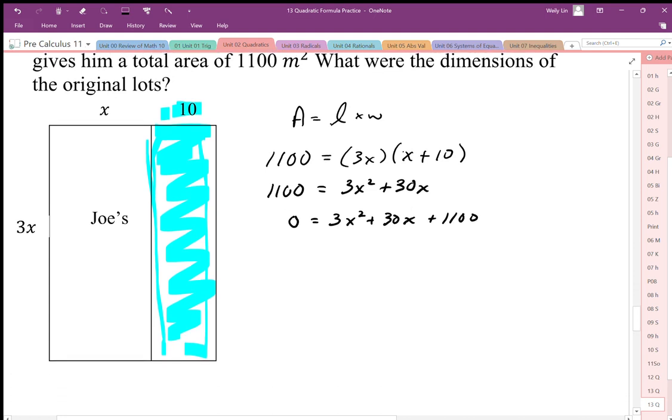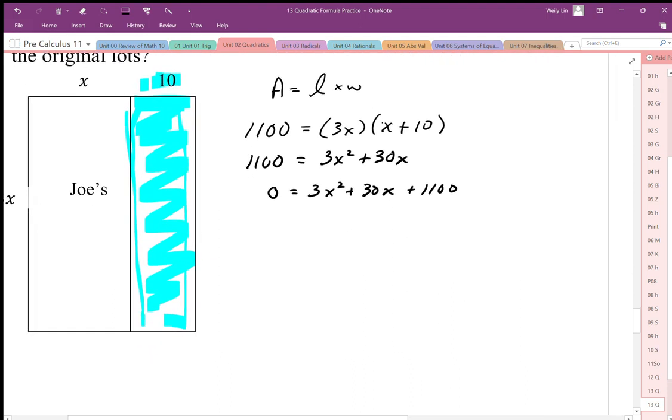Okay, and if this is factorable, we could try factoring this. These numbers look a little bit awkward, so I think I might just go ahead and plug it into the quadratic formula. I suspect this is factorable, but 3 doesn't divide into 1100 very easily. So I'm just going to put this into the quadratic formula.